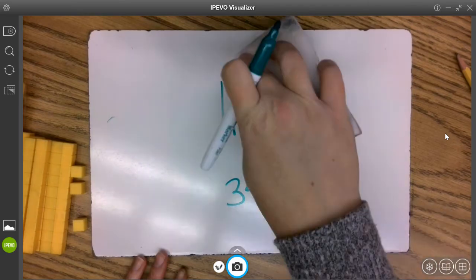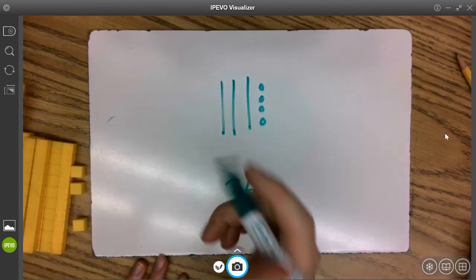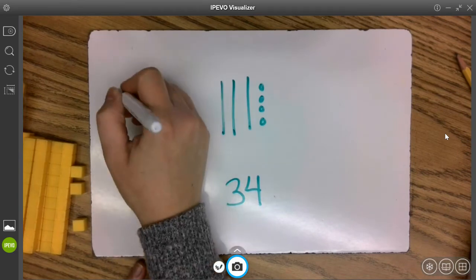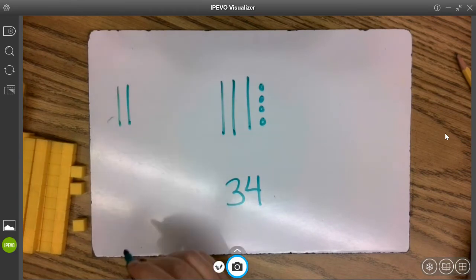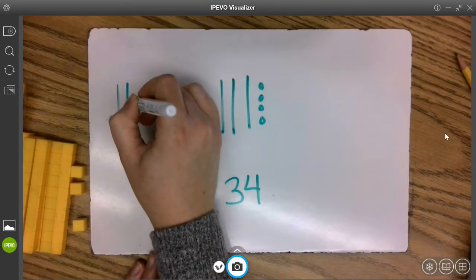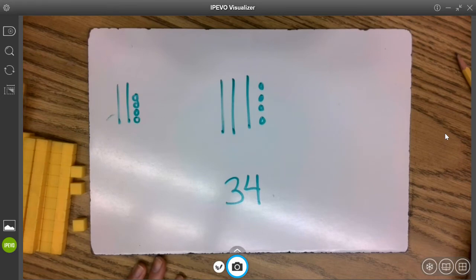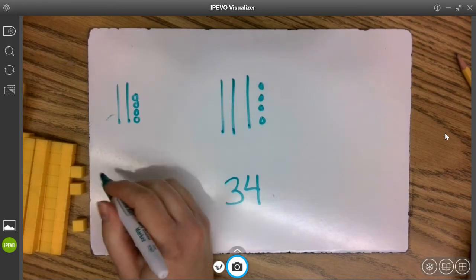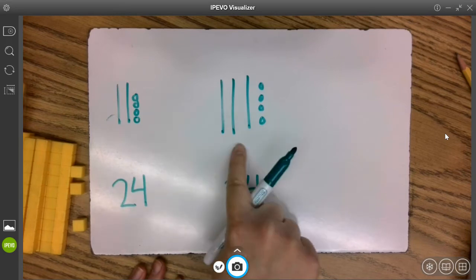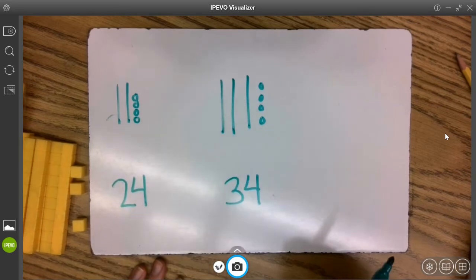We take a 10 away. When I draw it again, I'm going to do 1 less 10. So now I only have 2 tens, and I keep my 4 ones. 2 tens, 4 ones. Just the tens changed.